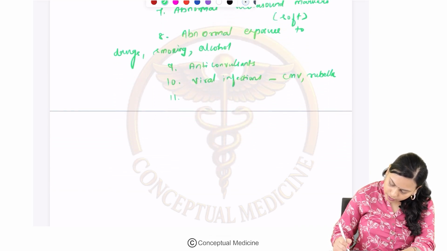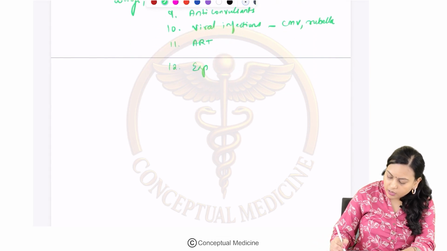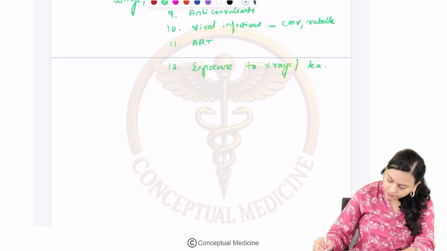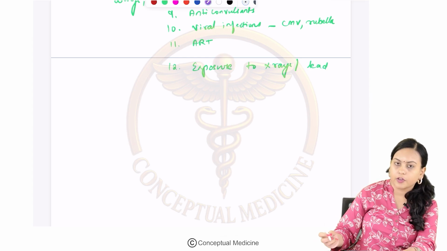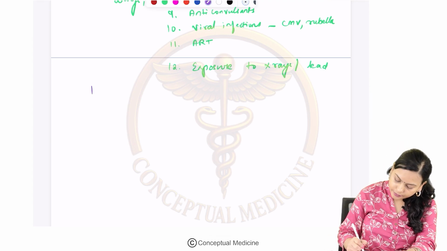Also, if she has conceived through the artificial reproductive techniques and there was an exposure to X-rays or lead. Okay, so we are going to discuss some of the few important diagnostic test methods.